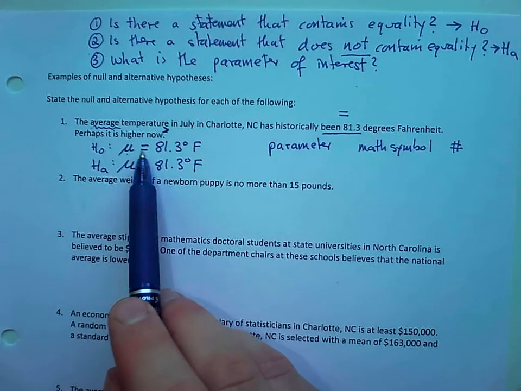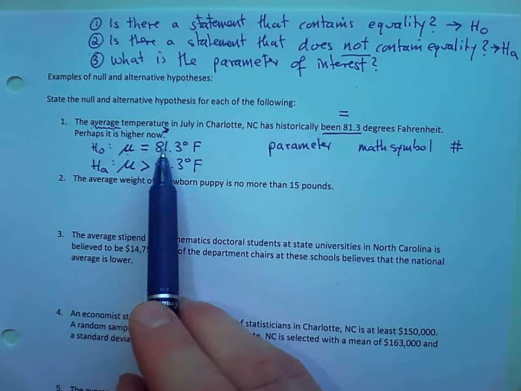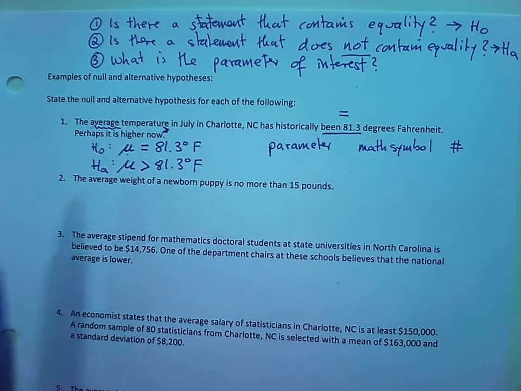We have our parameter, then some math symbol, and then a number. We're going to follow that convention for the rest of this class, and that's a very standard convention to have even outside of this class.